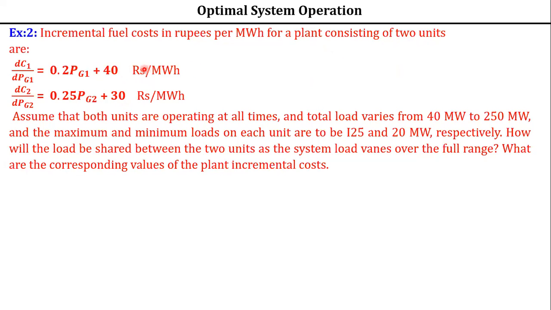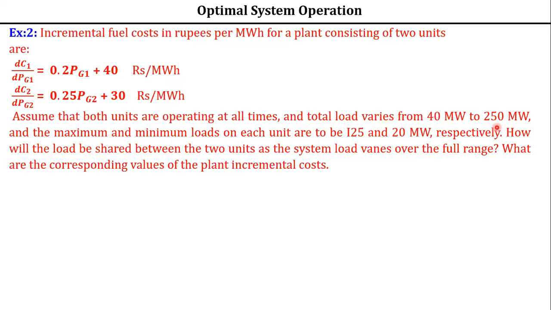Understood? So that has been given for plant C1 and plant C2. Now assume both the units are operating at all times. In a plant there are 2 generating units. The incremental fuel cost has been given. So assume that both the units are operating at all times and the total load varies from 40 megawatt to 250 megawatt.